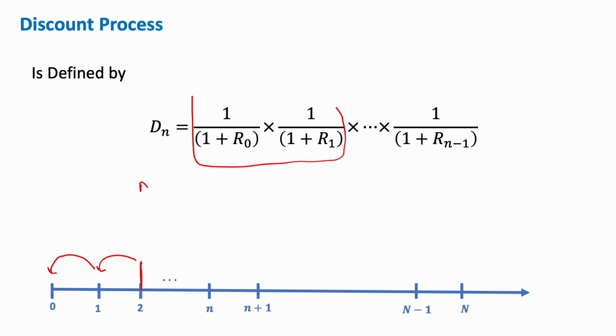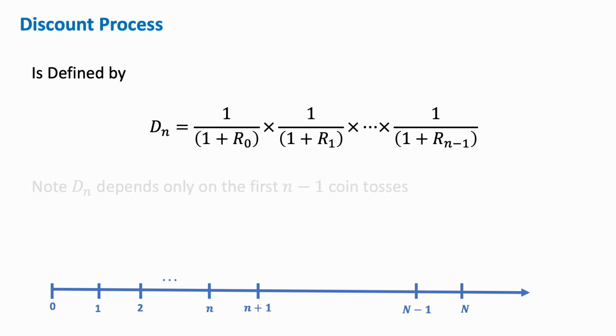So D2 would be the discount factor we need to apply to discount the cash flow that occurs at time 2. We need to take into account the first interest rate R0 and the second interest rate, which is R1. Very simply. And of course, because R1, for example, and the others are stochastic, they depend on the coin tosses. So naturally, Dn will also be stochastic. It depends on the coin tosses as well.